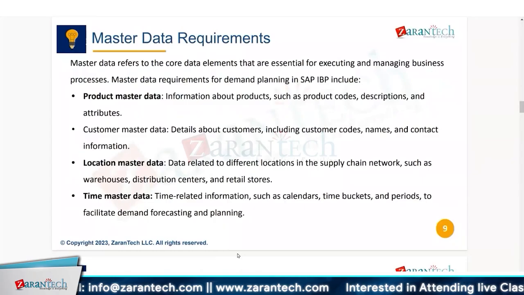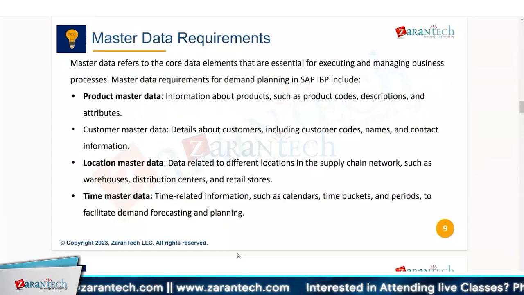Some of the key requirements, after we understand the supply chain network and all the elements of the supply chain, the basic important factor of the system is master data requirement. This is the point where most of the organizations struggle to set the master data, because master data in the ERP or in the IBP system is a huge task, and it is extremely important for any organization to have accurate master data, because master data is the input, or basically the brain of the ERP tool, which processes the data and gives you the output.